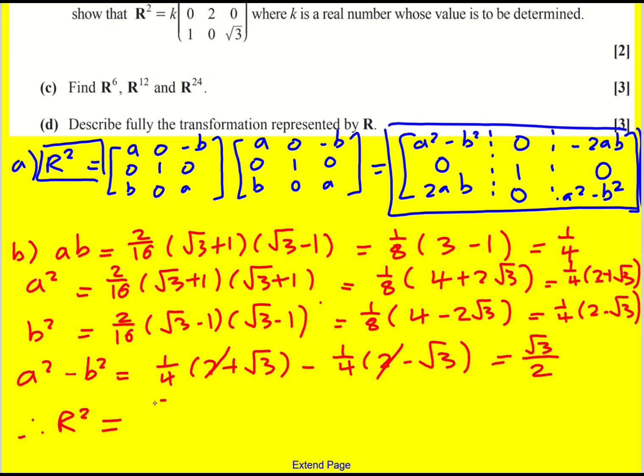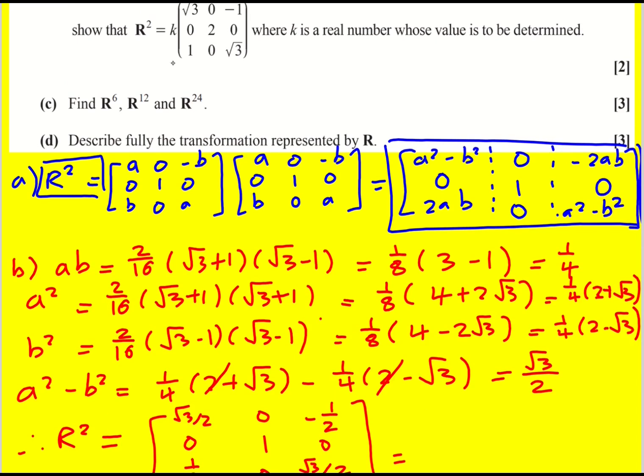Therefore, r squared is going to be root 3 over 2, then 0, then minus 2 times a quarter, so minus a half, 0, 1, 0, then a half, 0, root 3 over 2.